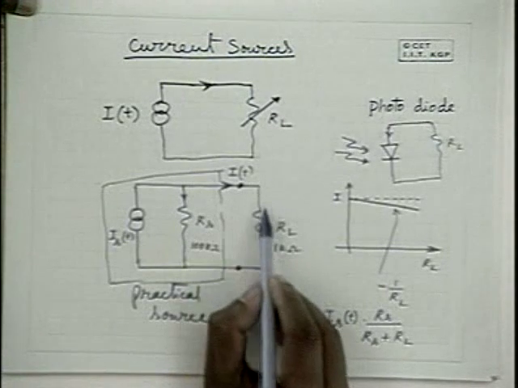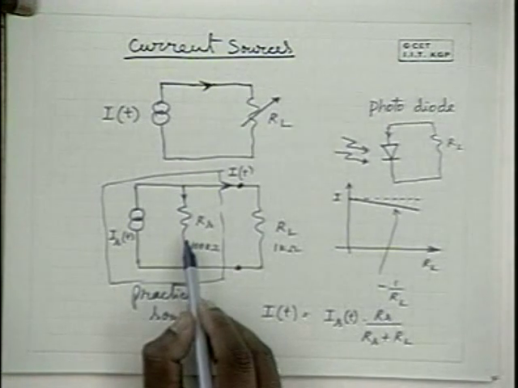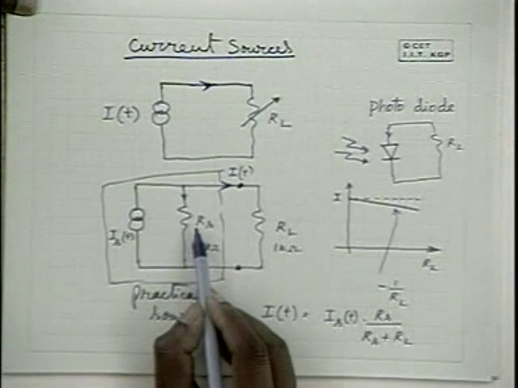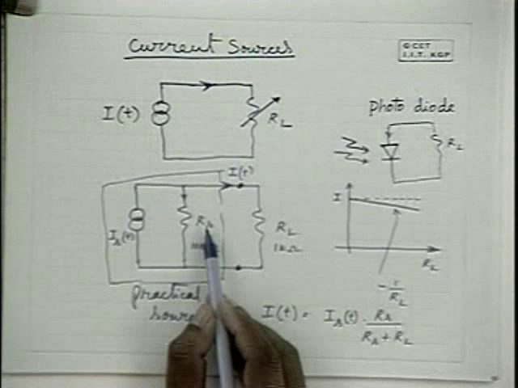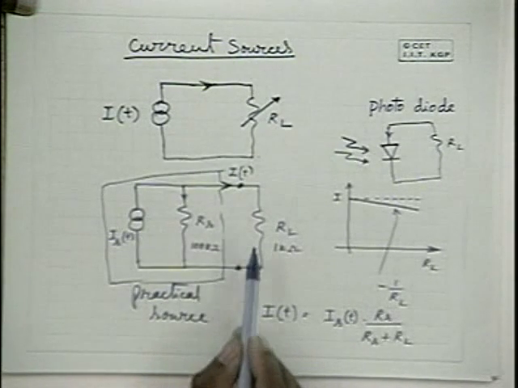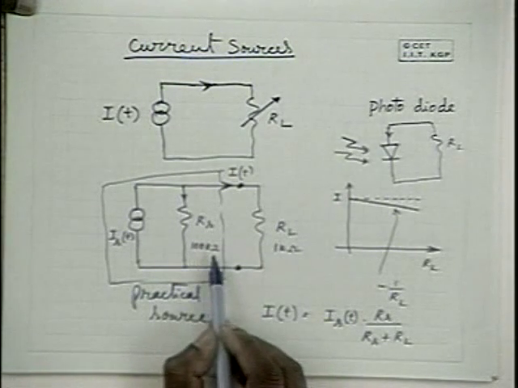The ratio is 200:1, so this current would be reduced to half. That current is anyway negligible. So the change in this current is negligibly small when this is of the order of 1 kilo ohms and this is of the order of 100 kilo ohms.